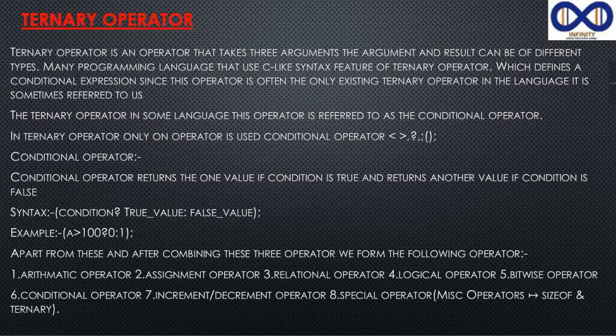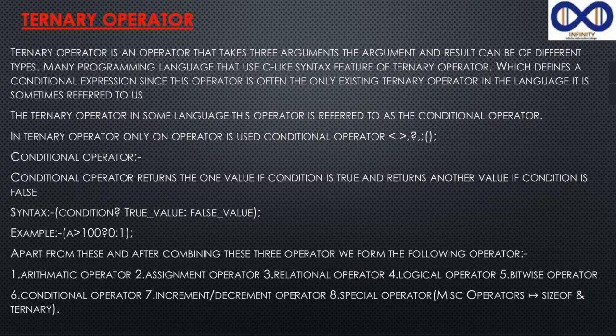It is sometimes referred to as the ternary operator, and in some languages it is referred to as the conditional operator. So in the ternary operator only one operator is used, the conditional operator.